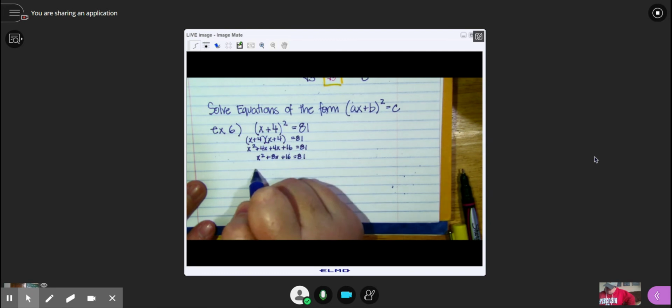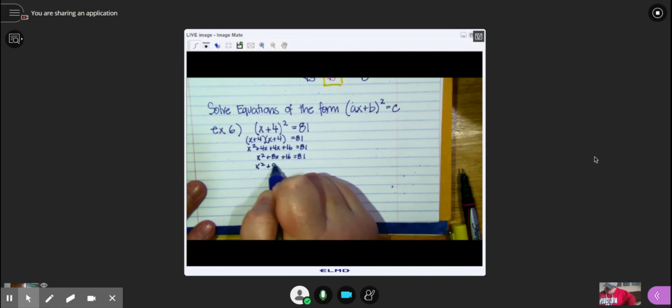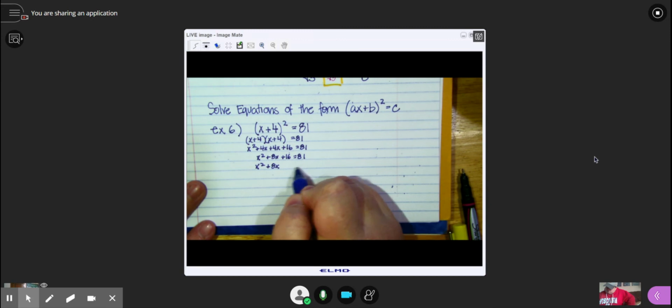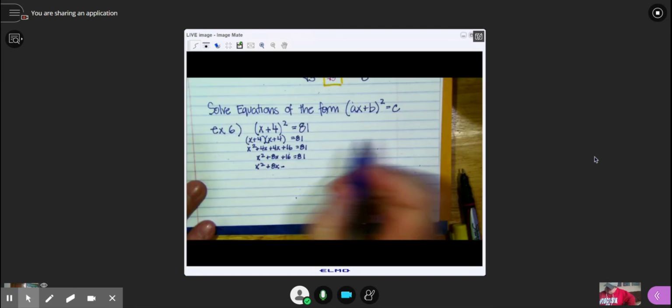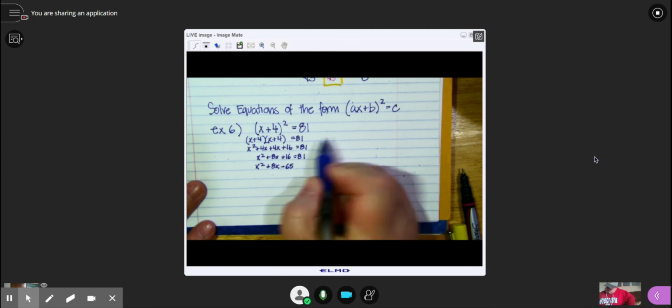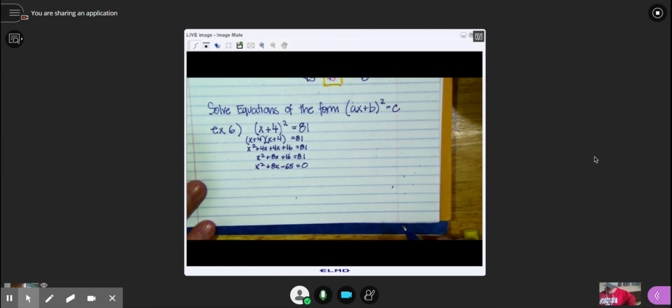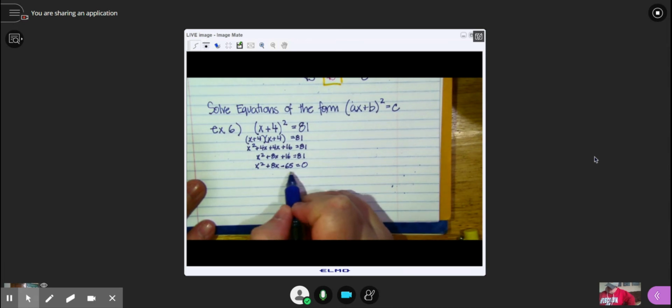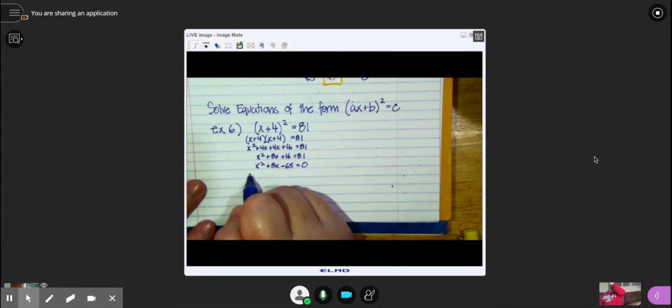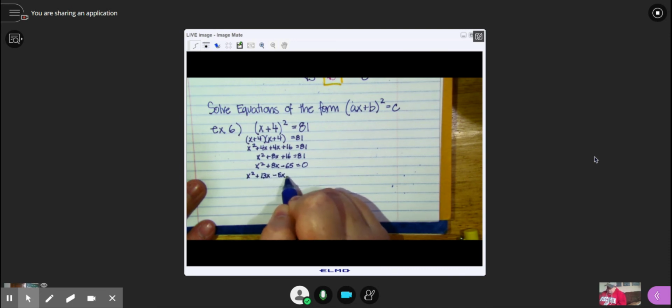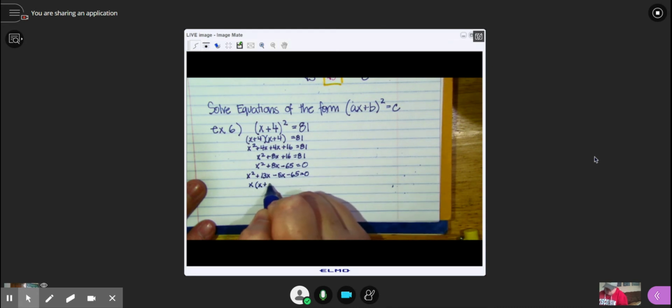Then I can subtract the 81 over. X squared plus 8x minus, what's that going to be, 65 equals 0. I can do what numbers multiply to give me a negative 65, add to give me an 8. It's an x squared plus 13x minus 5x minus 65. X plus 13 minus 5, x plus 13.